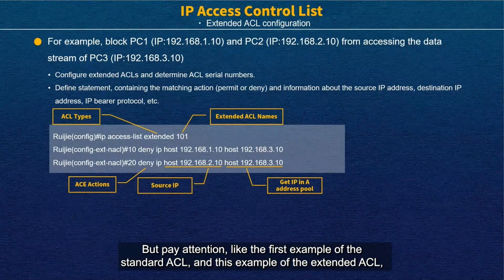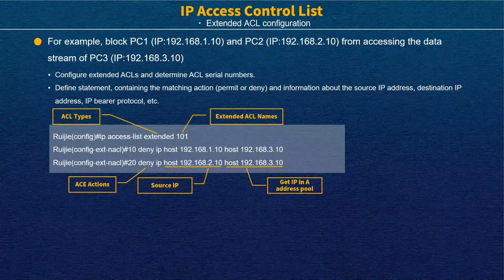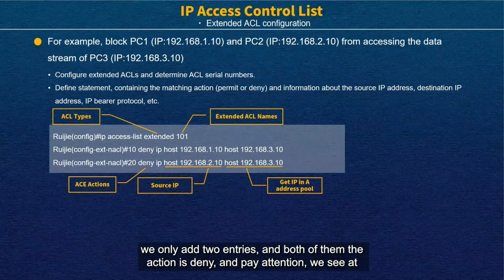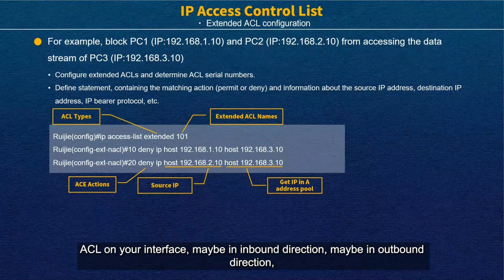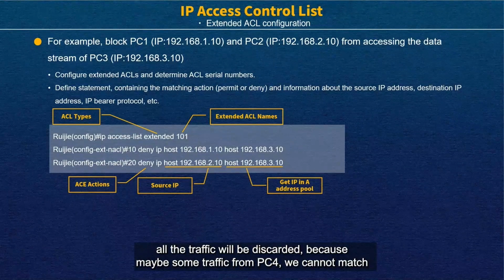But pay attention. Like the first example of the standard ACL and this example of the extended ACL, we only add two entries and both of them have the action deny. And pay attention, at the end we still have the default entry and the action is deny. That means if you apply this ACL on your interface, maybe in the inbound direction, maybe outbound, all the traffic will be discarded.